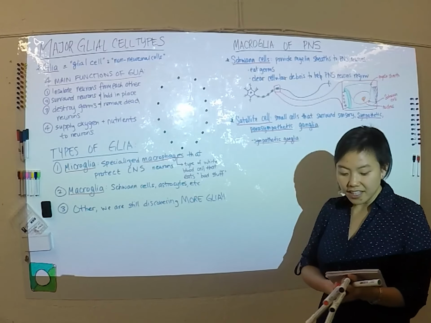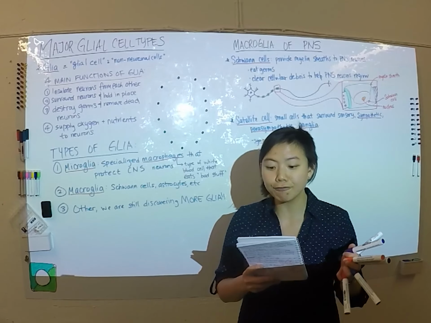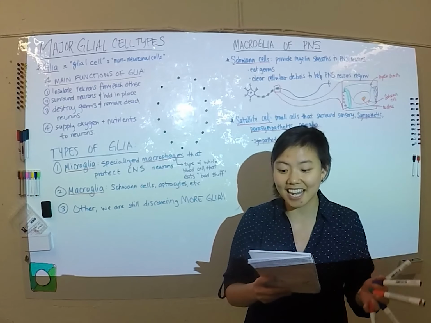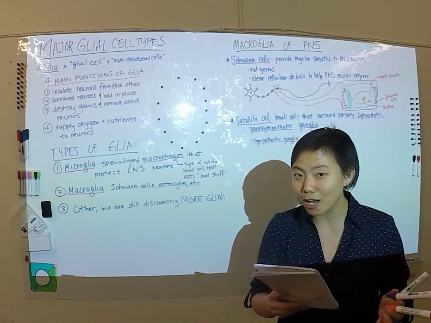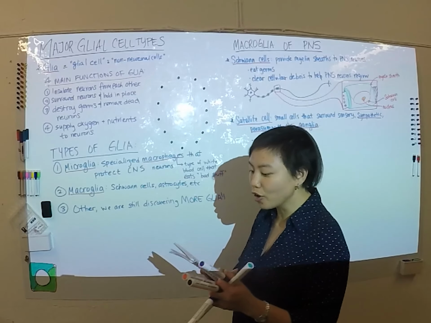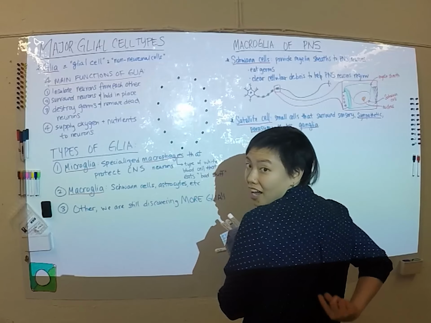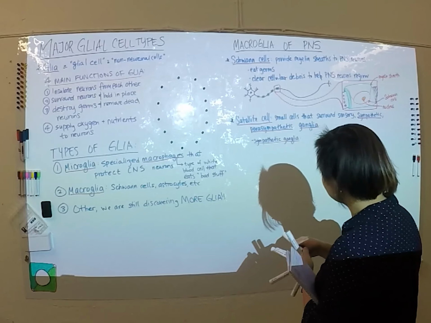So these are clusters of neuron cell bodies that carry information about stress and danger, okay? They usually contain 20,000 to 30,000 cell bodies, and they're located on either side of your spinal cord, okay? That's a lot of cell bodies.